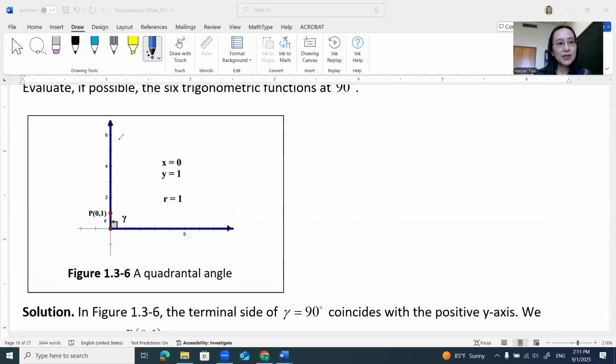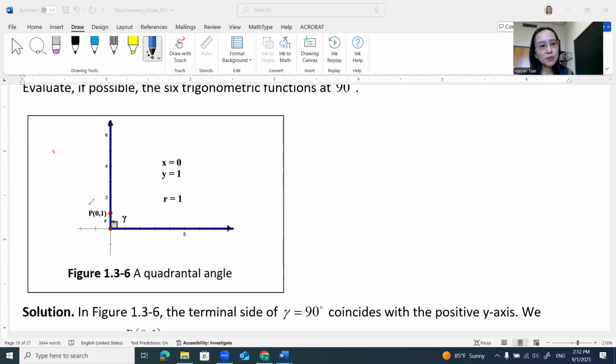This angle is still in standard position, right? The terminal side coincides with the y-axis, and we see immediately this is a 90-degree angle. But whenever the terminal side coincides with either the x or y axis, then this angle is called a quadrantal angle. So this is a quadrantal angle.